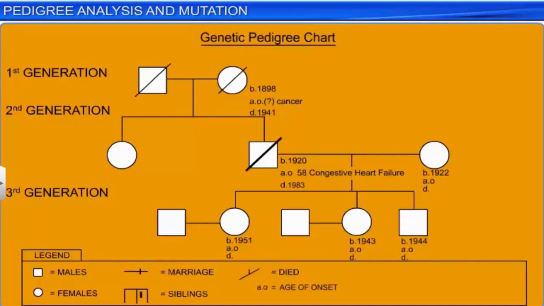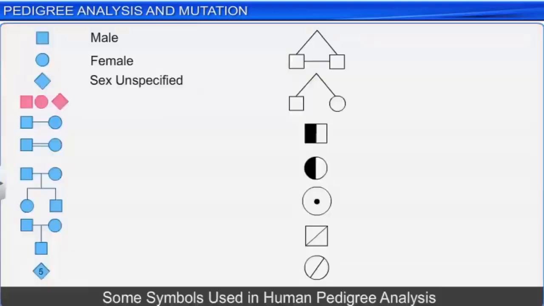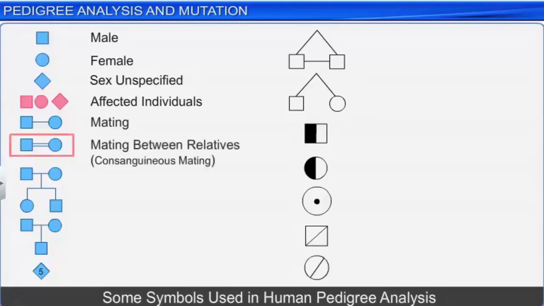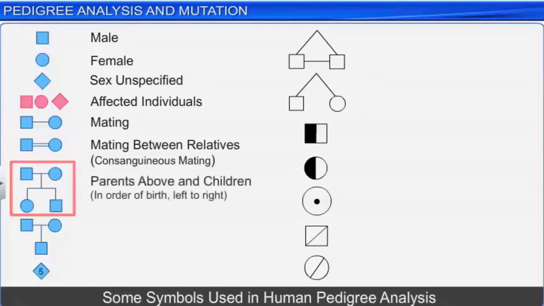A rhombus is used in case the sex is unspecified, and a filled square, circle, or rhombus is used to represent an affected individual. Mating is indicated by a single line, and mating between relatives by a double line. Parents are placed above and children below, as shown.